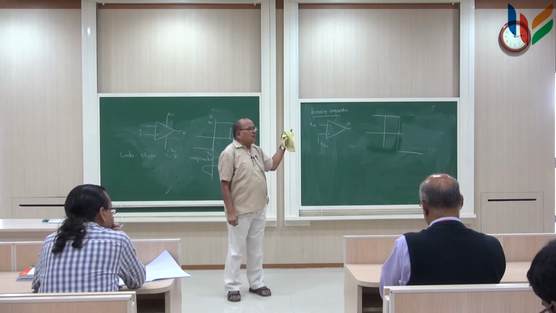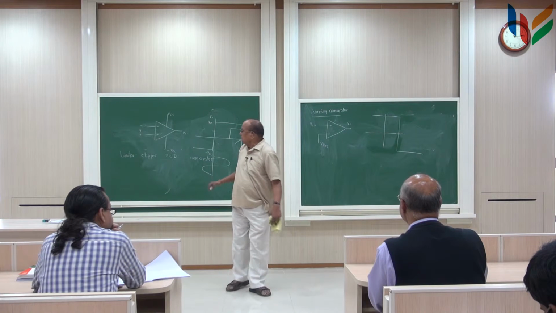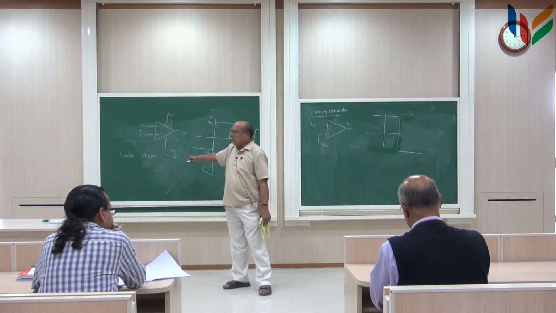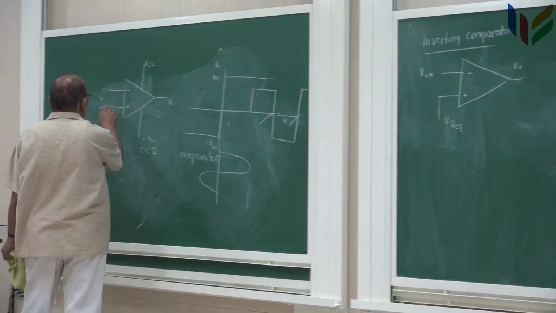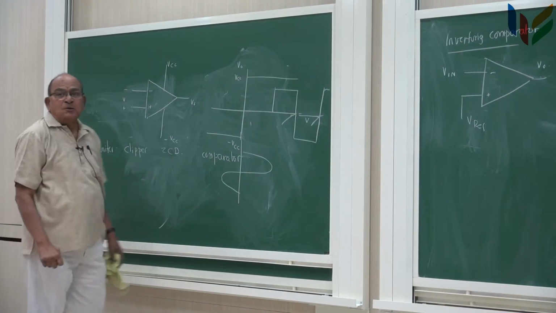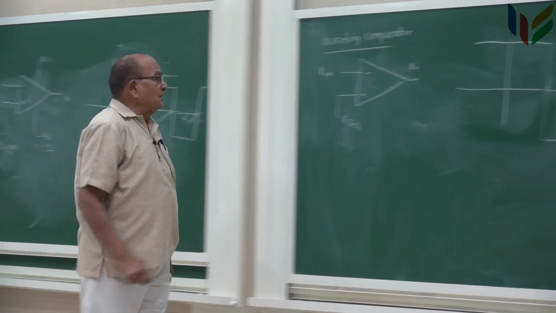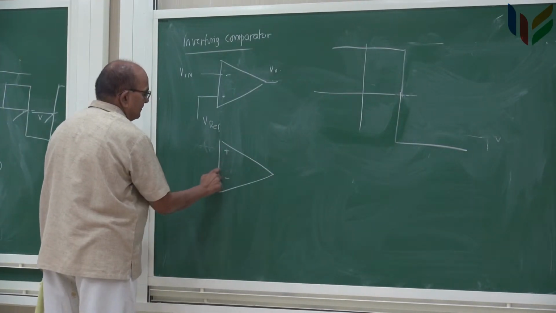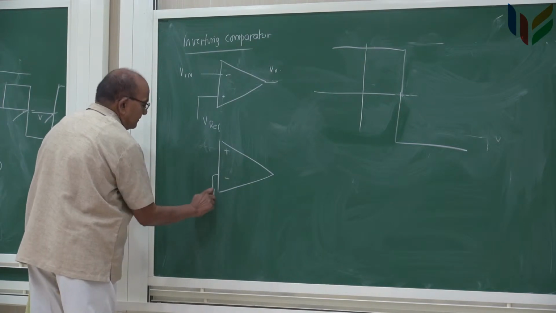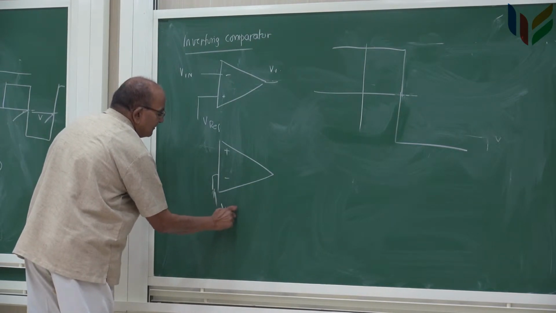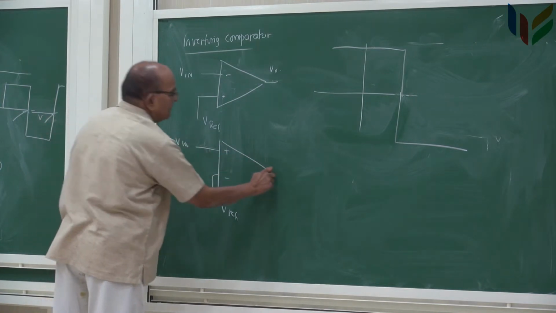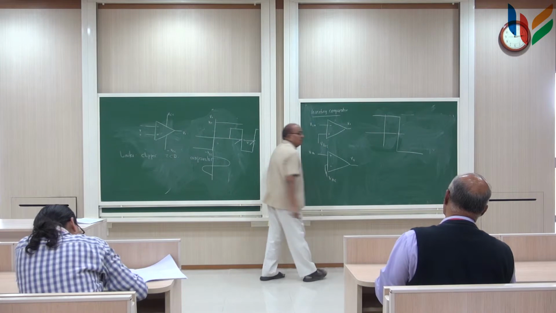The word comparator is actually used more generally when there is a reference to it. In this case, reference is equal to 0. So, I am measuring with respect to one of the terminals. On the other hand, if I do the other way around, what do I get?